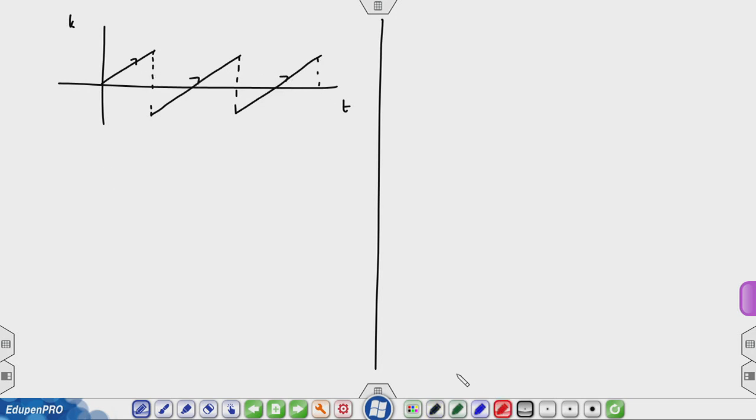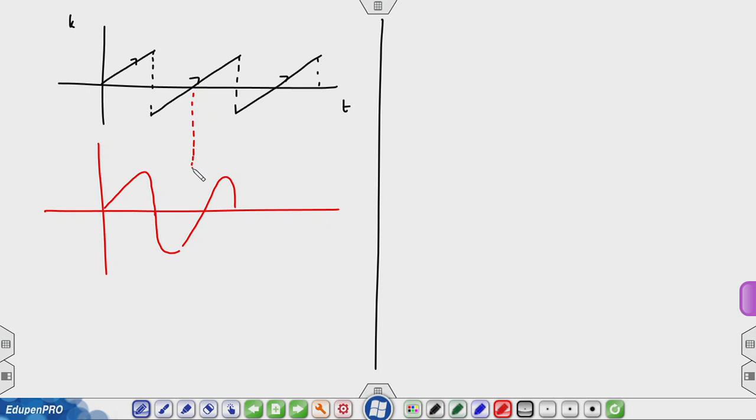The corresponding velocity we had already plotted. When k is 0, after that it goes up, then it will come down, then it becomes negative and goes up like this.